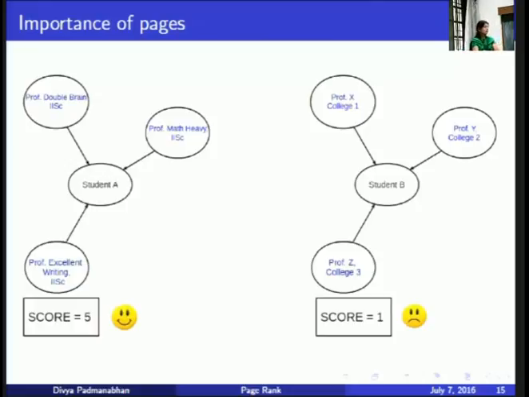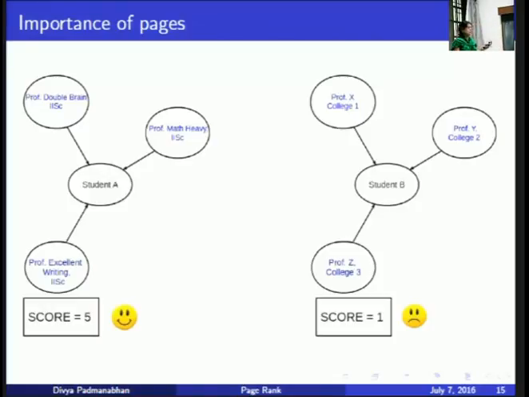If you have a web page and you want to push it up, and some other popular web pages have a link to your page, then there are more chances that your page gets some hits. That is the idea in devising the algorithm. So is this clear to you all? Yes. Okay, fine.